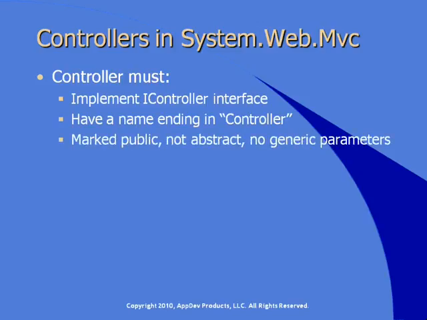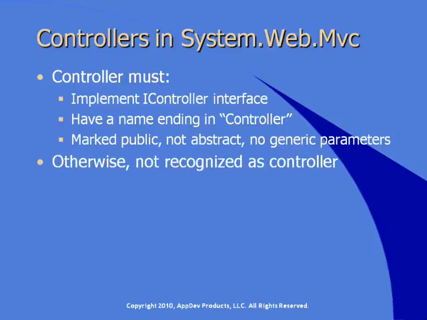Now, the class also has to be marked public, not abstract, and cannot take generic parameters. These are implementation details that, if violated, will prevent instantiating the class as a controller.